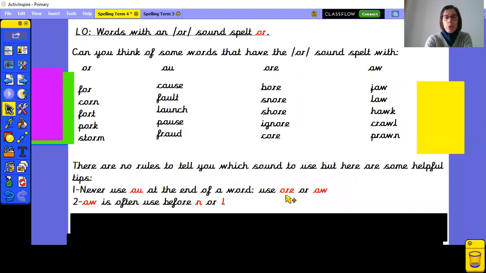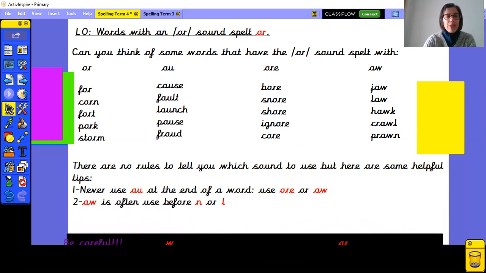At the end of a word, we will have O-R-E, or A-W. And A-W, to make the sound O, is often used before an N or an L. Like here, you've got crawl and prawn. So these are just tips. Unfortunately, you've got to learn the spelling, and there are really no exact rules about which spelling to use for the O sound.